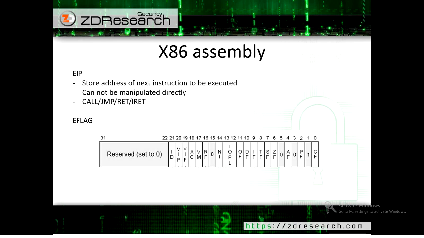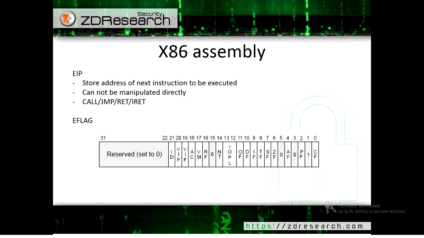There are two other important registers that we don't have direct access to, for example by a move instruction. These are the EIP and EFLAGS registers. The EIP register always stores the address of the next instruction that is going to be executed. So when the CPU is going to execute some code, on every clock, for example, it checks the EIP register, fetches the next address, and continues its execution.